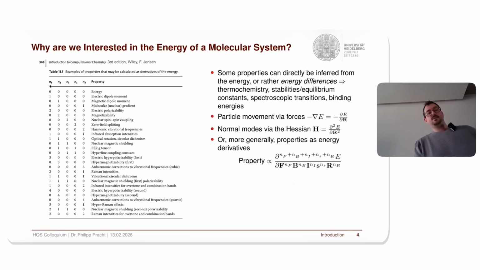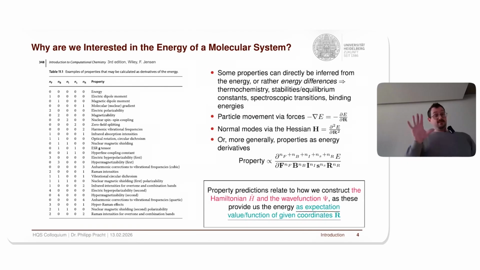Looking on the left, this table gives you some examples for these partial derivatives. If you look, for example, in that line right here, the partial derivative with regards to an external magnetic field and internal magnetic moment gives you the nuclear magnetic shielding constant, so the NMR constant.